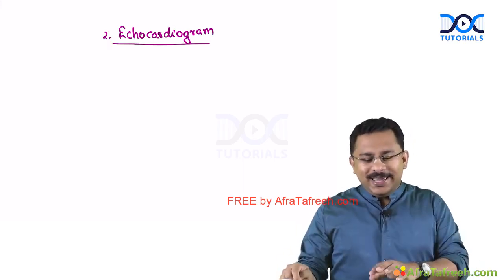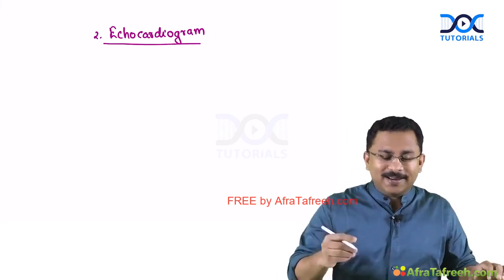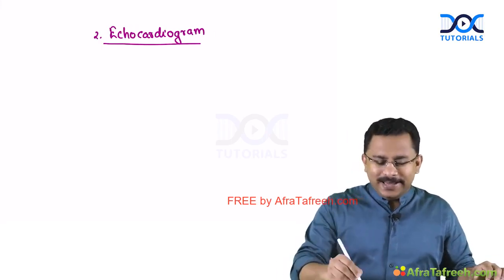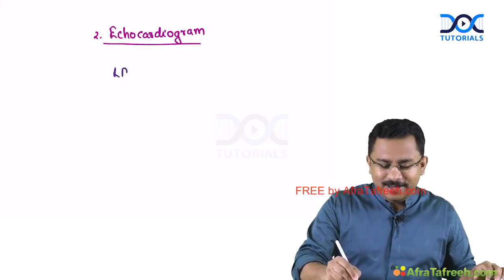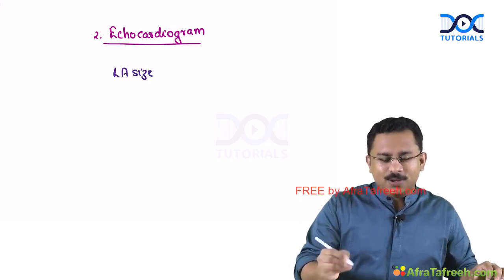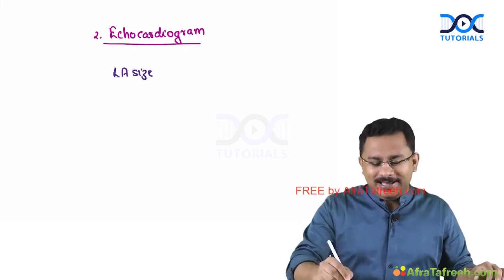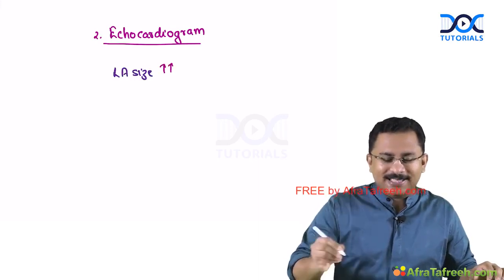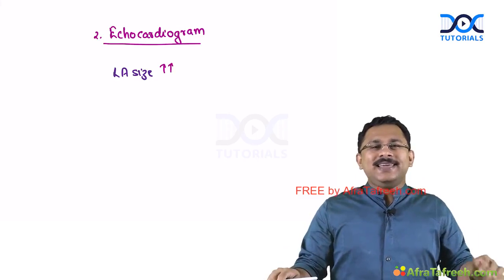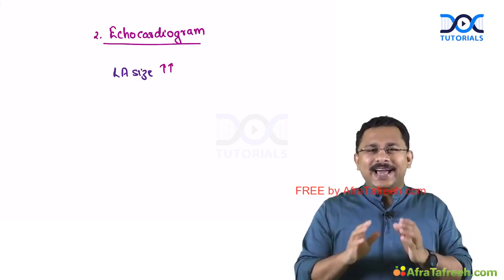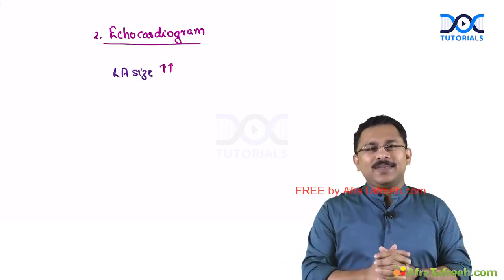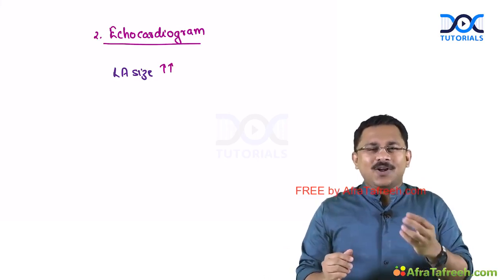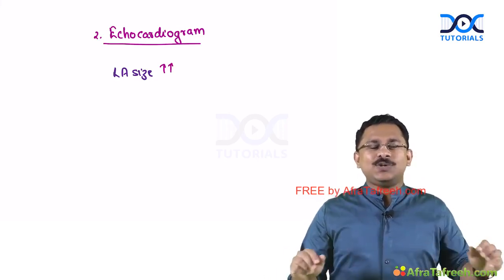Now, when you do the echo in patients with mitral regurgitation, the left atrial size, you are definitely expecting an increase in the LA size, correct? The left ventricular size and the systolic function are quite normal early in the disease course.